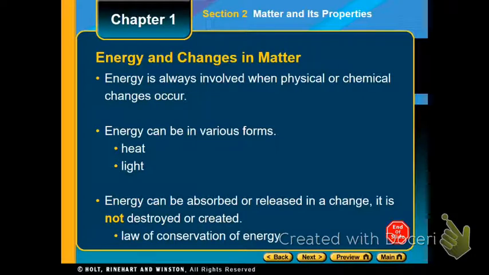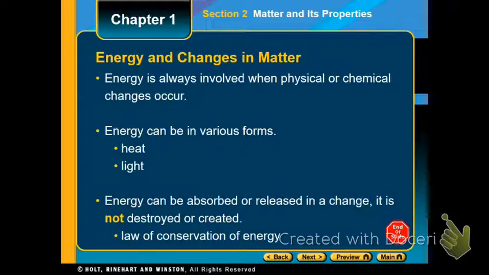So this is going to round out basically this initial part talking about your physical and chemical changes, physical and chemical properties, intensive and extensive properties, and just knowing that, hey, with all of this that we've talked about, energy is always involved in any of these changes.